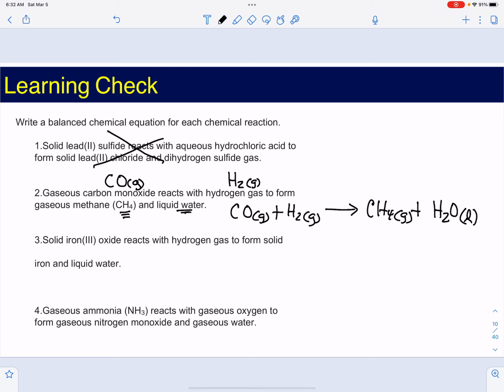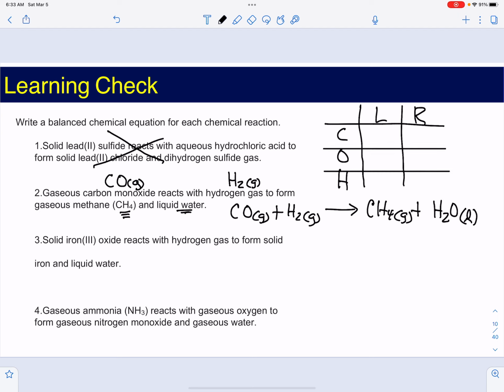That's a lowercase l. So let's do our left and right setups. We have carbon, oxygen, and hydrogen on the left side, and carbon, oxygen, and hydrogen on the right side. So let's count. On the left side, 1 carbon, 1 oxygen, and 2 hydrogens. On the right side, 1 carbon, 1 oxygen, and 6 hydrogens.